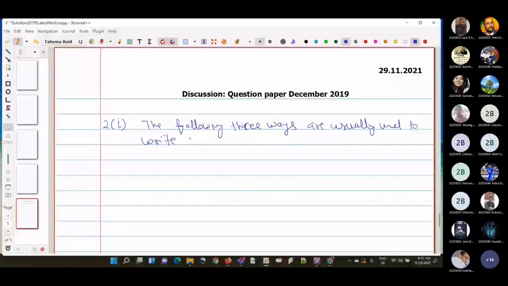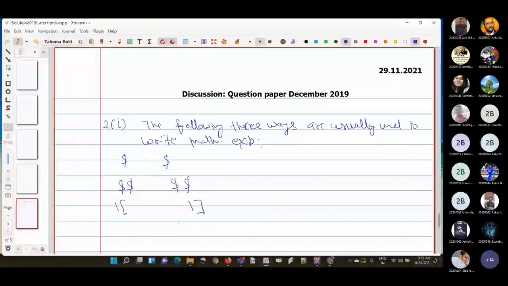Okay, mathematical expression. First, you can write a single dollar, and then you can write in double dollar. All right, and then backslash like this, backslash and square bracket. Fine. Are you okay with this? So these are the ways.